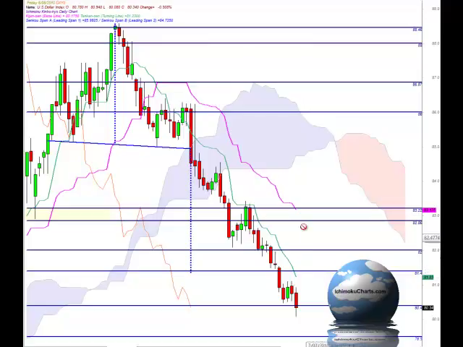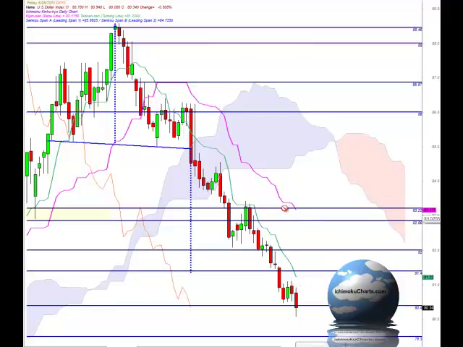Now, the market is trading a long way down below the Kijun-sen as well, and when markets trade a long way down below the cloud and/or the Kijun-sen, they tend to look a little bit overextended, and this market is starting to look a little bit like that. Having said that, that doesn't mean that the market will change trend.